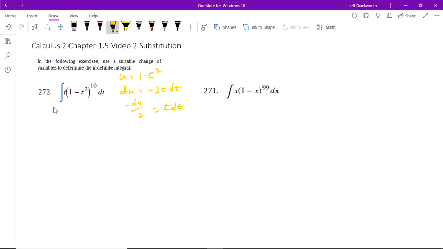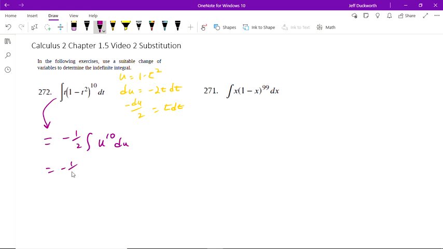So this, let's do this. So this here equals negative 1/2, the integral of u to the 10th power du. Very easy, use substitution, and now we just have to use a simple power rule to evaluate this.